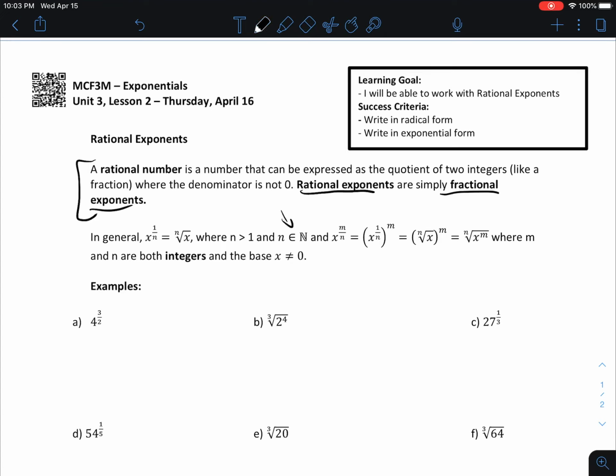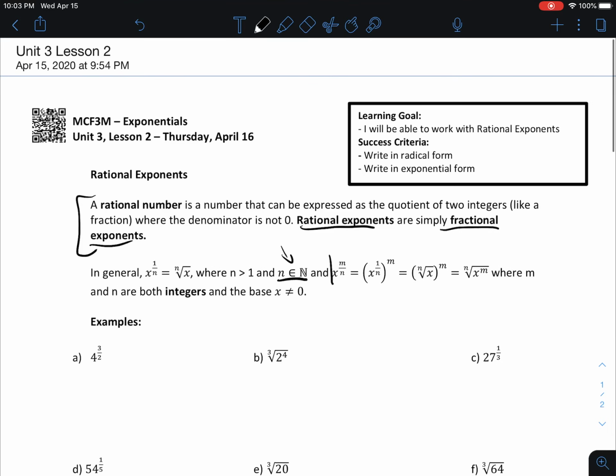We've seen this notation before, n is a part of the real numbers, and x to the m over n, just giving you the rules. So we can put a little box around this. These are some rules as to how this actually works.